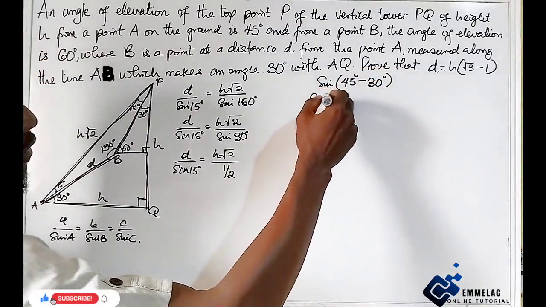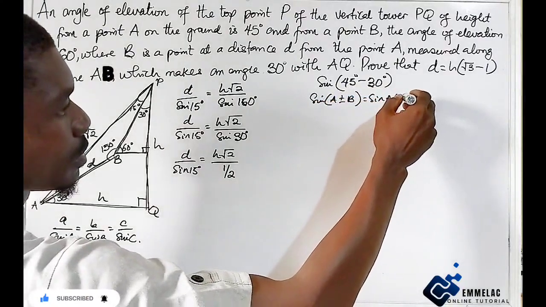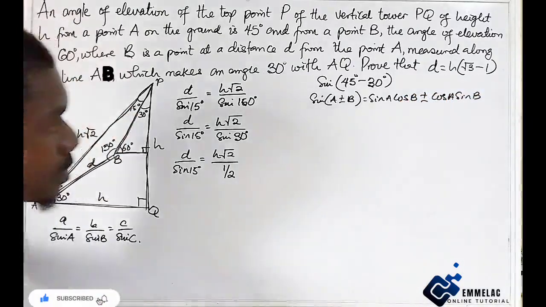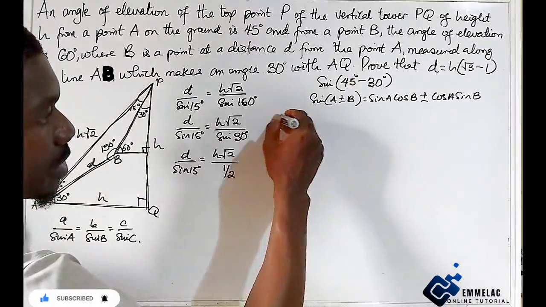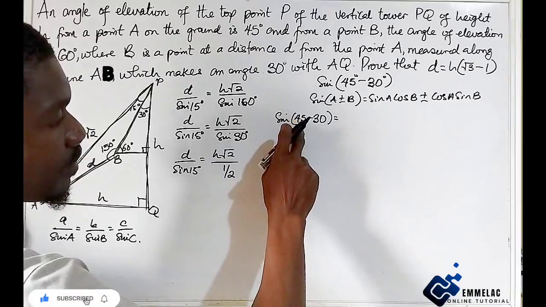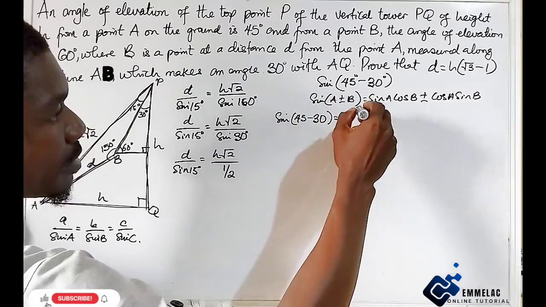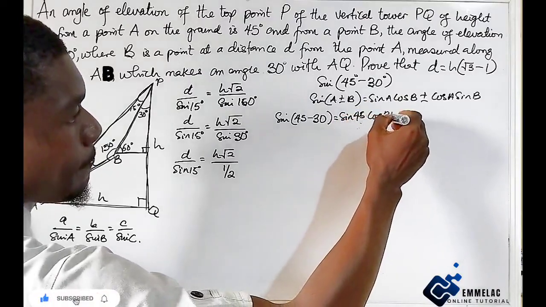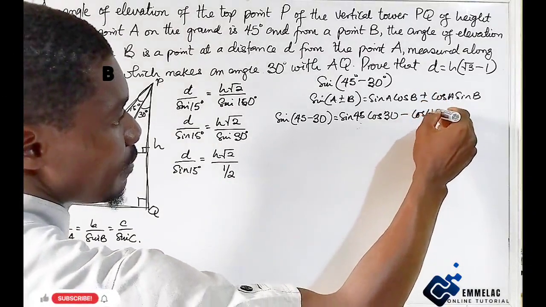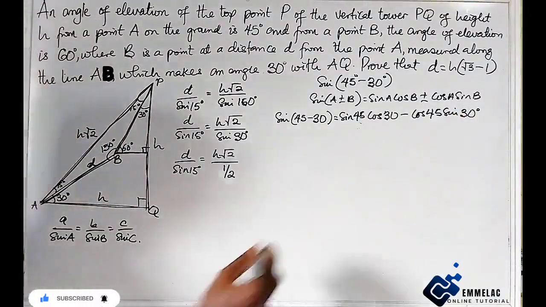I recall from the trigonometric identity, sine of A plus or minus B gives sine A cos B plus or minus cos A sine B. Since we are involved here with minus, sine of 45 minus 30 equals sine 45 cos 30 minus cos 45 sine 30. Take note, all these are in degrees.